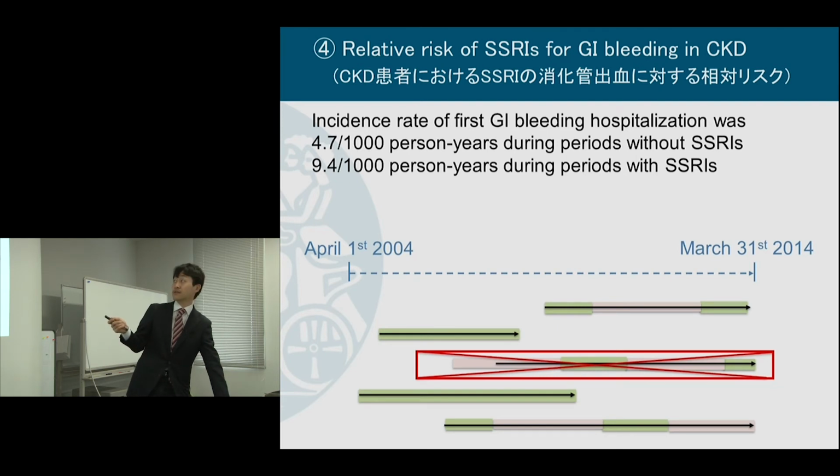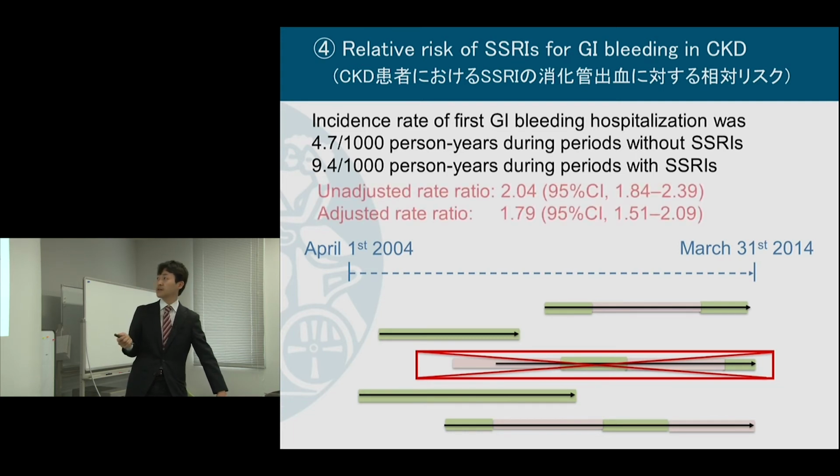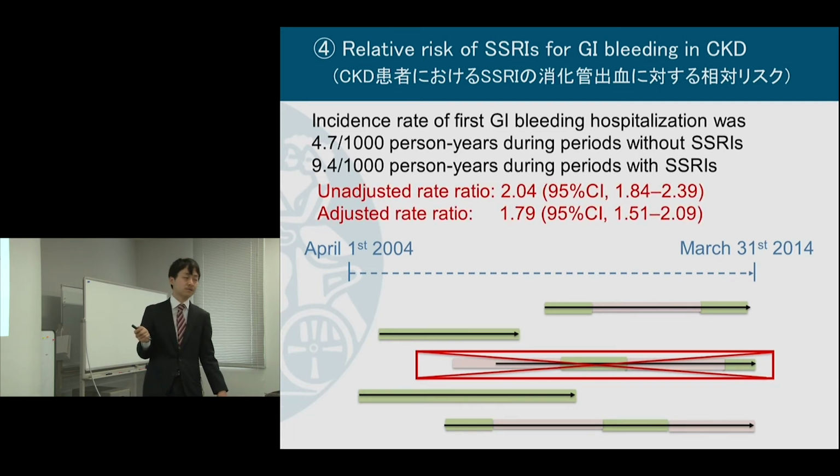And the incidence rate of first year bleeding was 4.7 during green period and 9.4 during pink period. And if I conducted survival analysis by Poisson regression analysis, or you could use Cox regression analysis, this was 2.04.